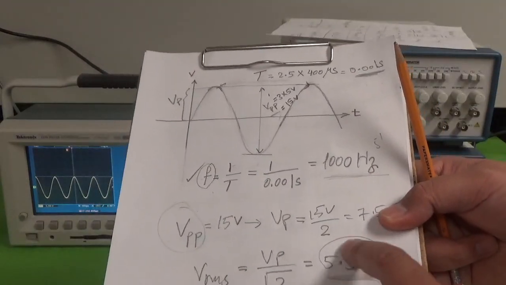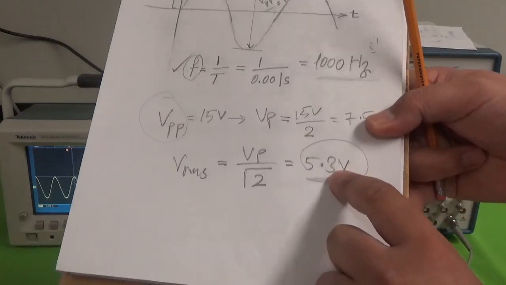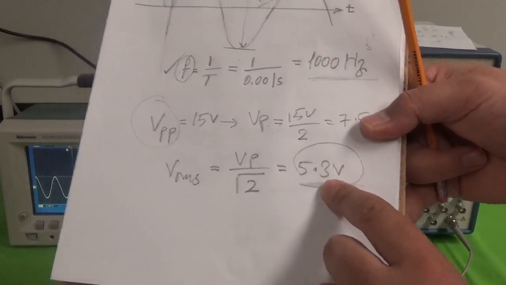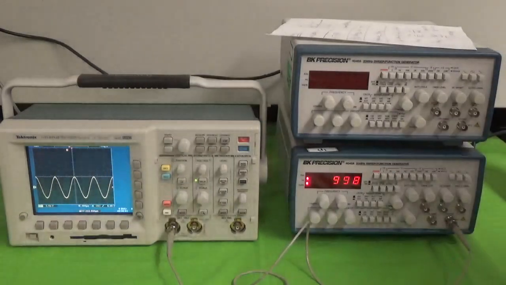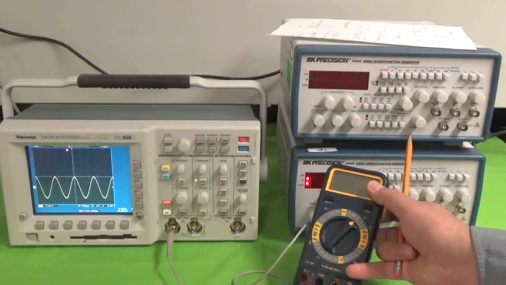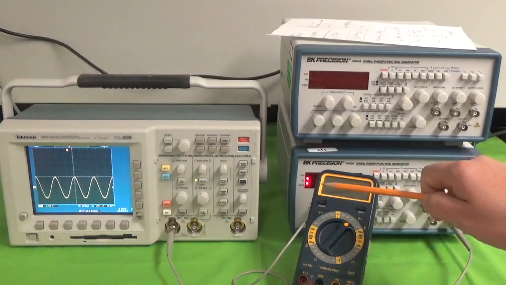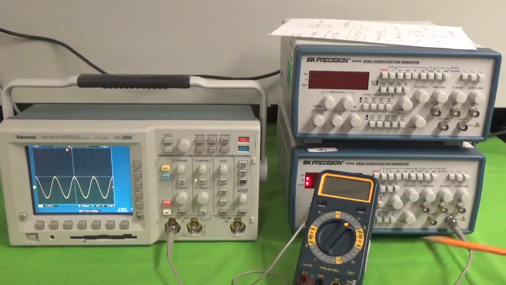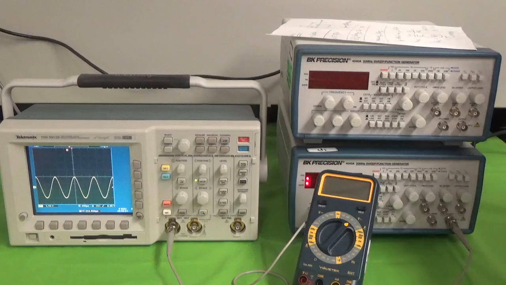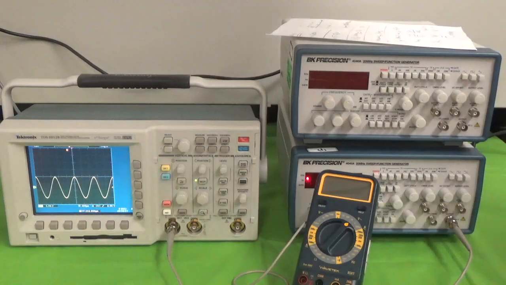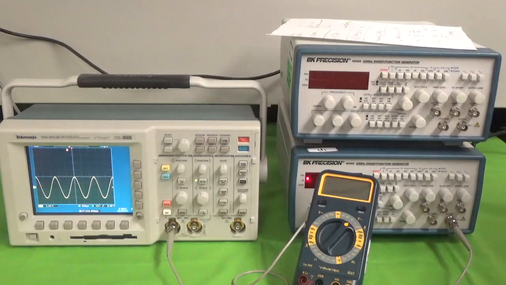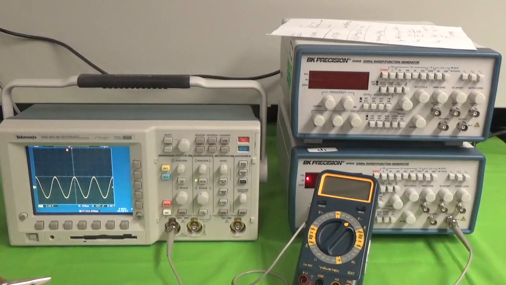Now I will check the V root mean square. From the oscilloscope data we got 5.3. Now I will use the multimeter that you see right here to double check if we have this V root mean square value.